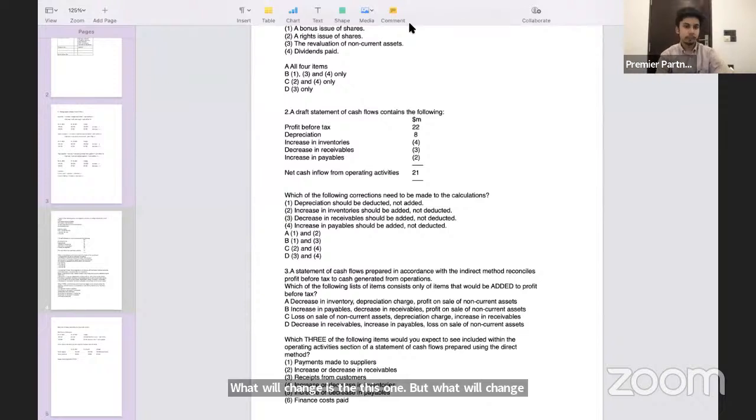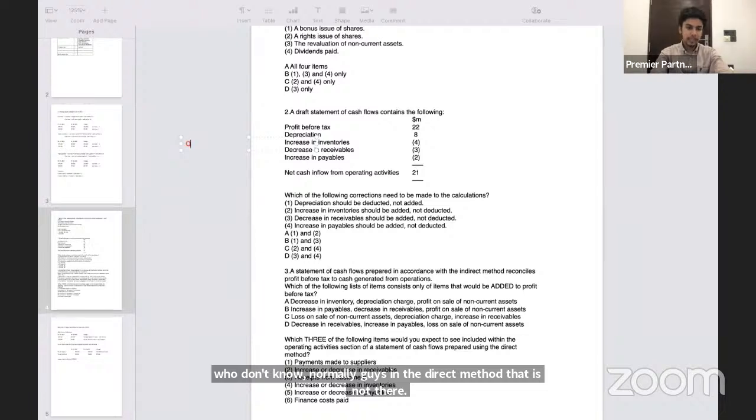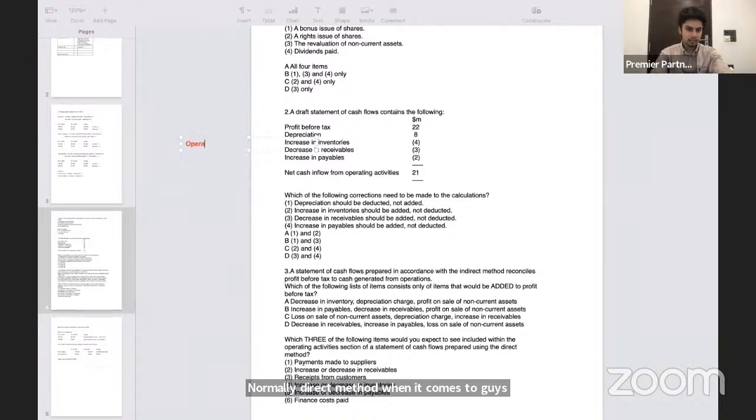Normally, when it comes to the indirect method, we have profit before tax, adjustments, working capital changes. Whereas in the direct method, that is not there. For operating activity in the direct method, we have, number one, cash sales. If you can't sell for cash, you sell on credit, and it becomes cash collected from customers.